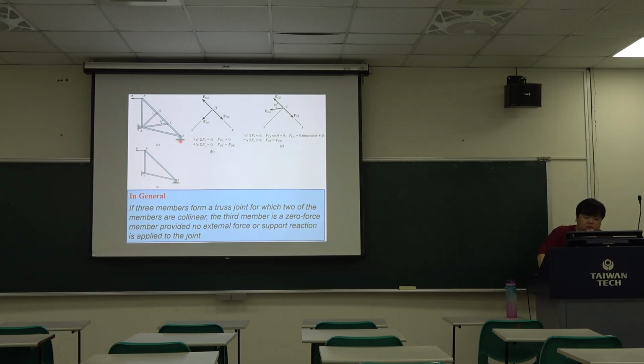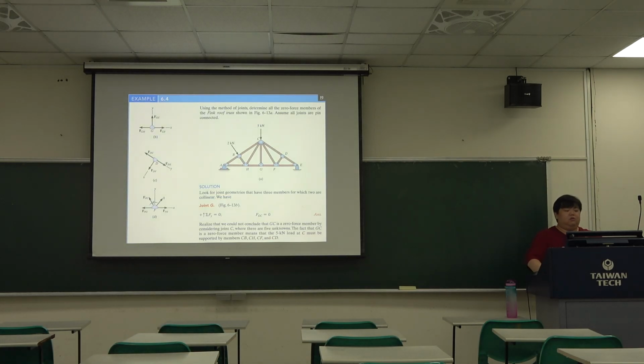Okay, so just like this. If we have this triangular truss here, if this joint and this joint have no support or applied force or external force, then in general, these two are zero force members.